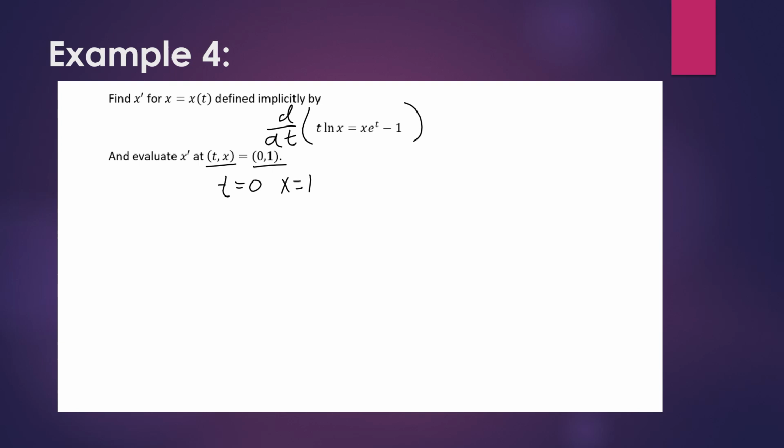So if I'm going to take this derivative, well, the first thing that's going to happen is this is a product rule. My first function is t, the derivative of t, so my f prime will be 1, because t is my independent variable. It's kind of like what x was in the last problem. And my second function is ln x.